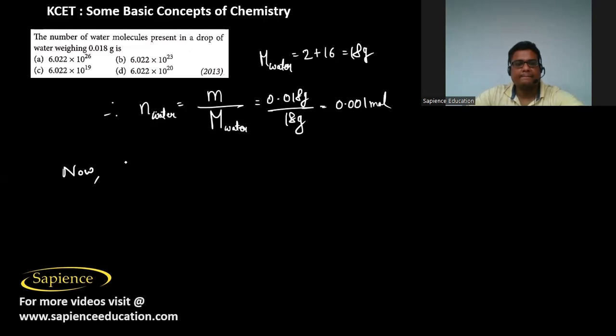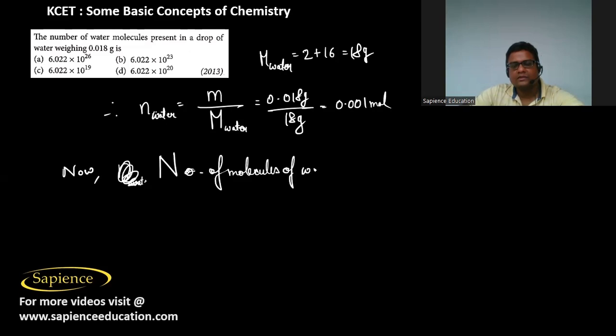Therefore, the number of molecules of water would be equal to the number of moles of water times the Avogadro number.